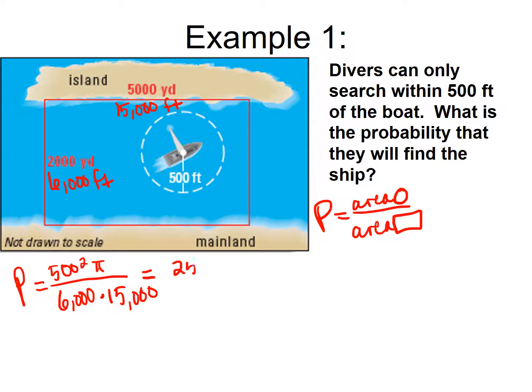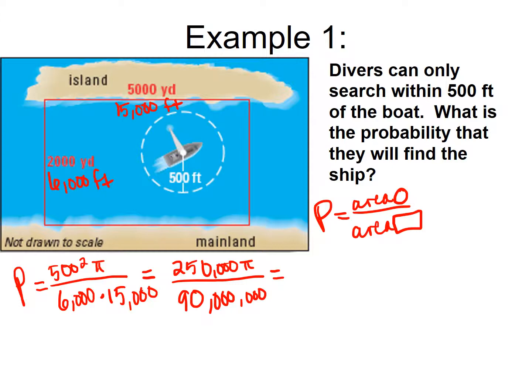So 250,000 pi all over, if we take 6,000 times 15,000, we get 90 million. And if we convert 250,000 times pi, that decimal is a really big decimal that we're going to divide by 90 million.